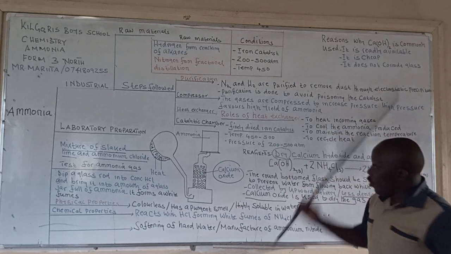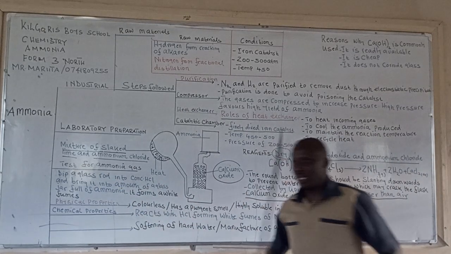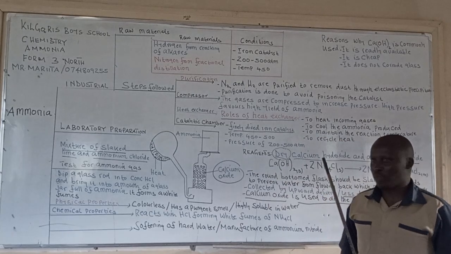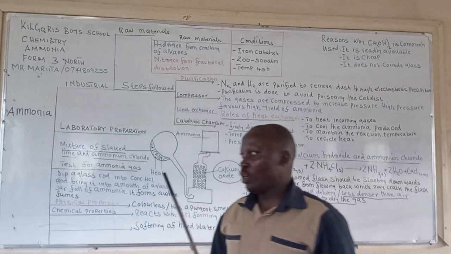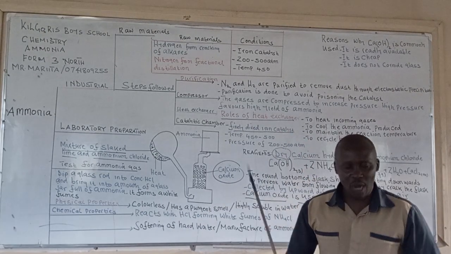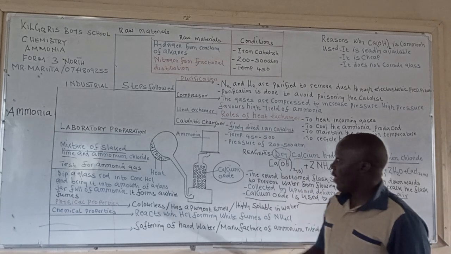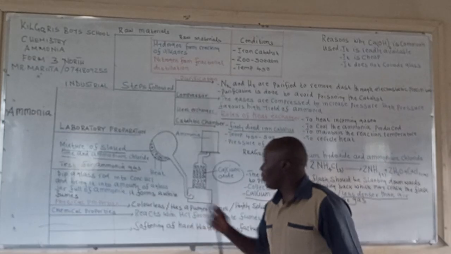Now, how can you test that the gas produced is ammonia? You can also be asked, describe an experiment to confirm that the gas produced is ammonia, or state how the ammonia gas is confirmed. So, test for ammonia gas.